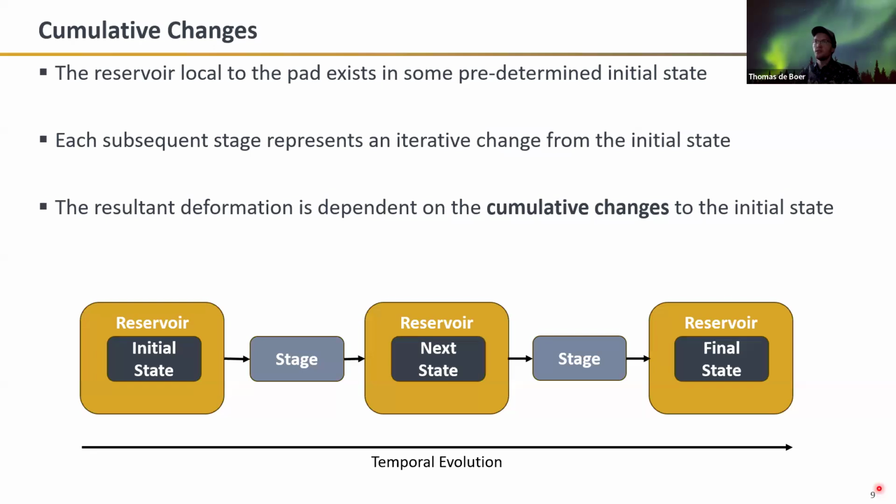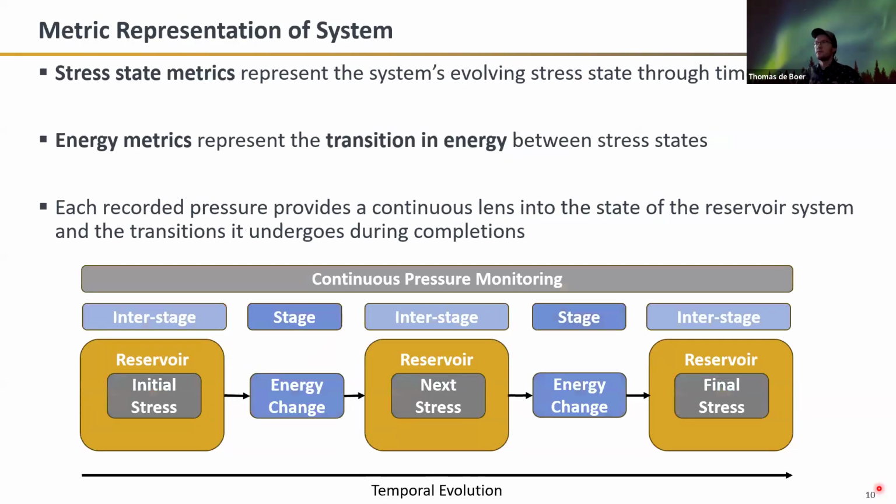This iterative process affects how we get the resultant deformation, which can cause things or induce things like seismicity or casing deformation on our wellbores. So the key here is we want to be able to track the temporal evolution of this process and understand how the system is responding to these cumulative changes in the reservoir.